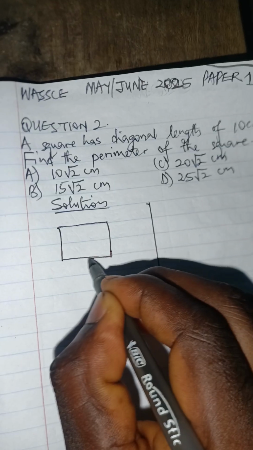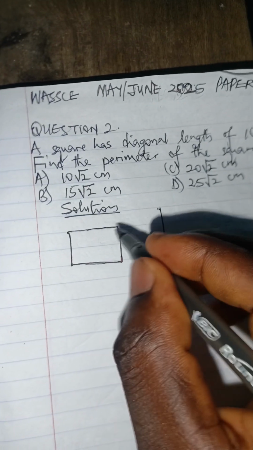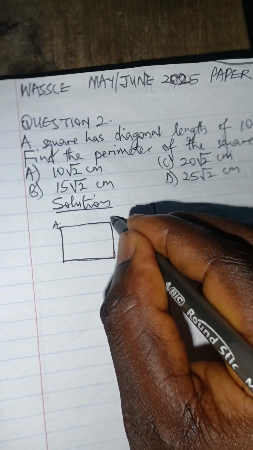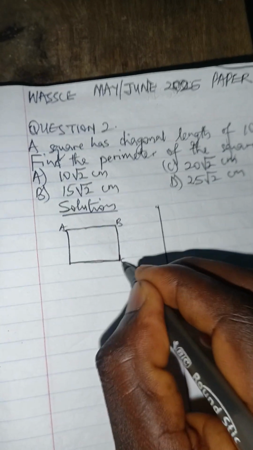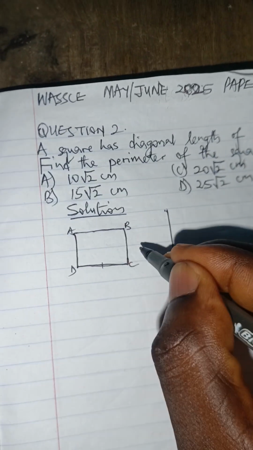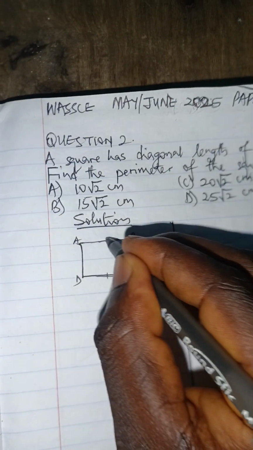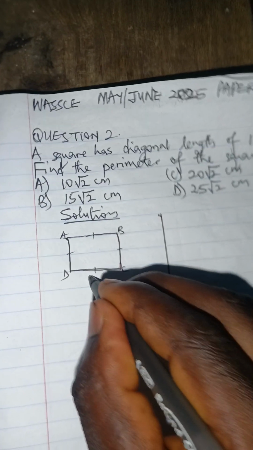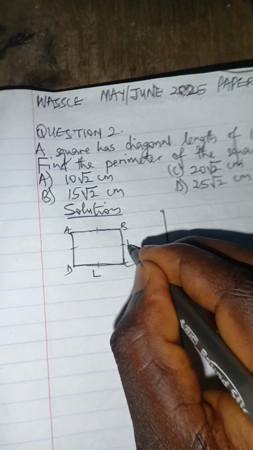This may not be equal, but because it's a sketch, we will accept it. Let's call here A, here B, here C, and here D. Now, if this is a square, it means that all these lengths are equal. So let's use L to represent all the lengths.